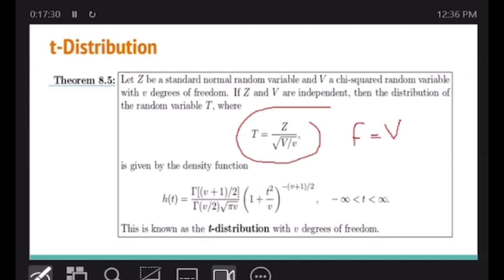After finding the inverse, then you need to first find a joint. What is going to be the joint? You need to find the joint of z and v. What are you going to do? You're going to multiply this by this so that you'll be able to get f of z and v, right? Why? h is equal to f of z multiplied by f of v.